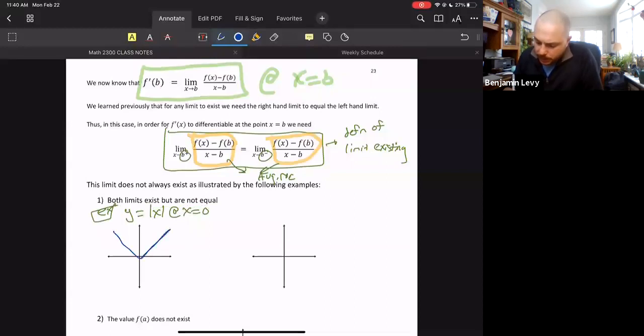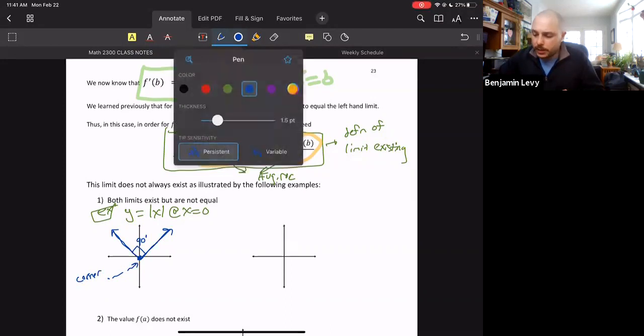It does this kind of thing. And it creates a 90-degree angle right at 0. And that 90-degree angle is what's known as a corner in the math world.